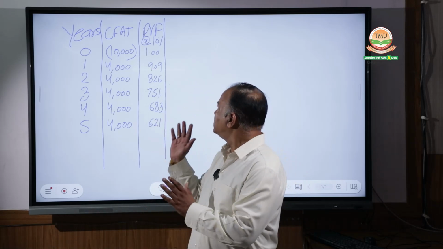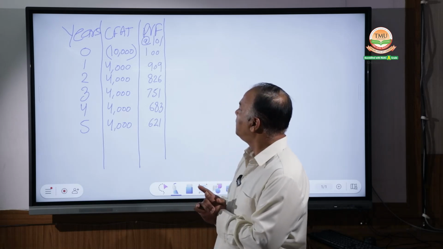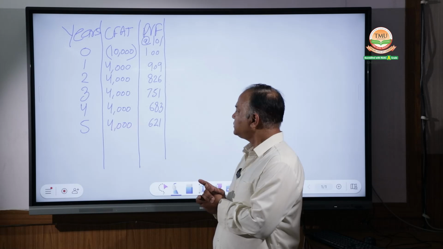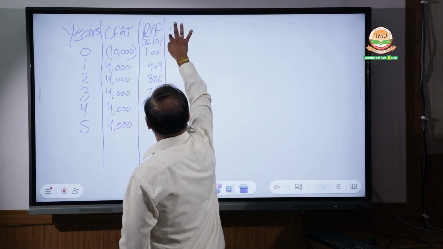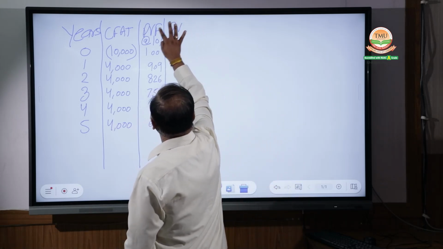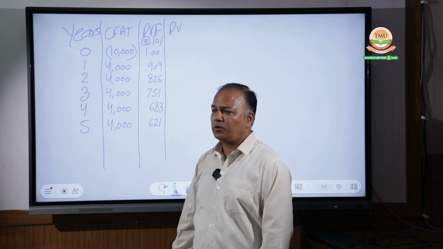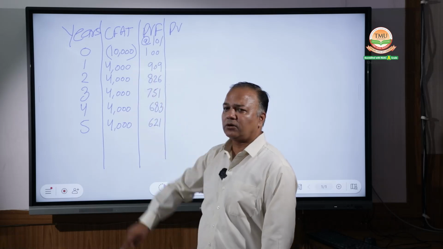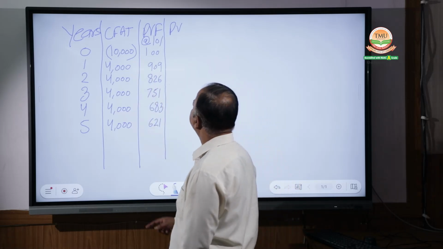Clear? So these are the present value factors. Now you have to find out present value. Whenever we have to calculate present value, simply we have to multiply both the columns, column number 2 and column number 3.